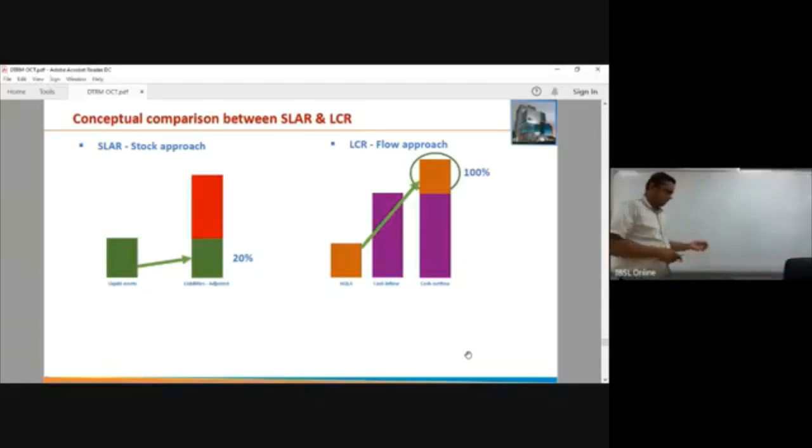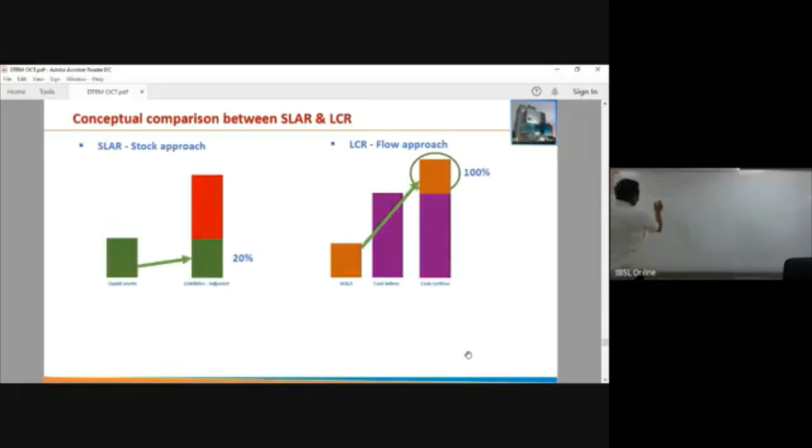Okay. Now, say for example, today you are going to compute your LCR. So first of all, bank needs to compute what are the high quality liquid assets the bank is having on that reporting day.